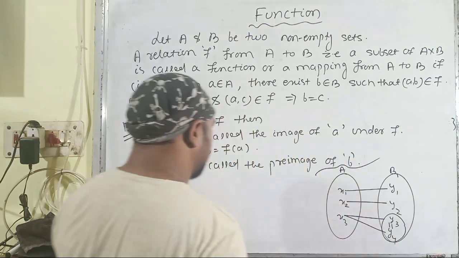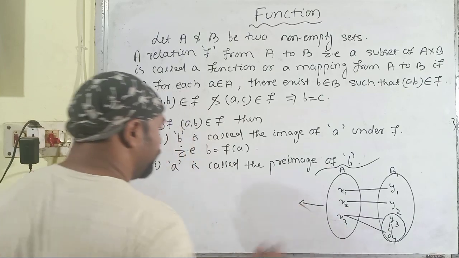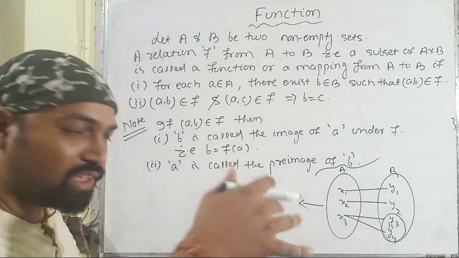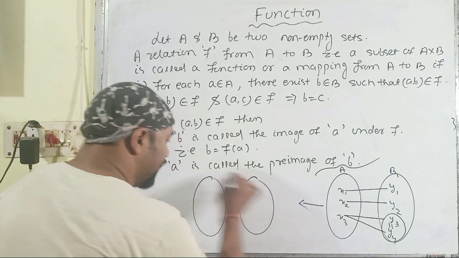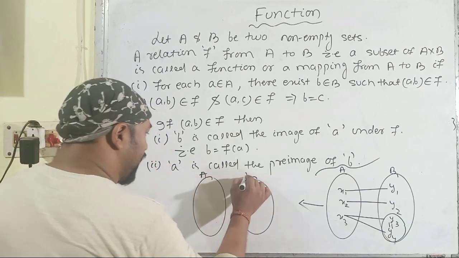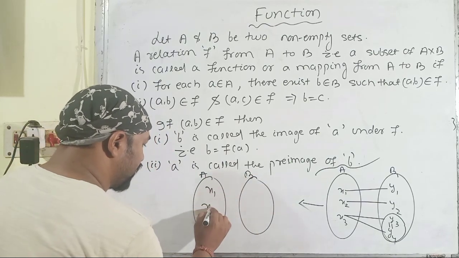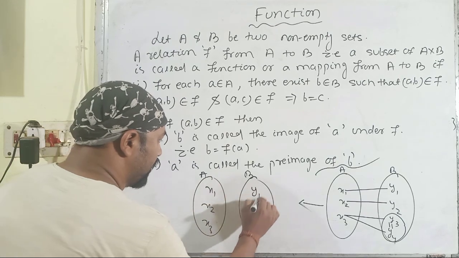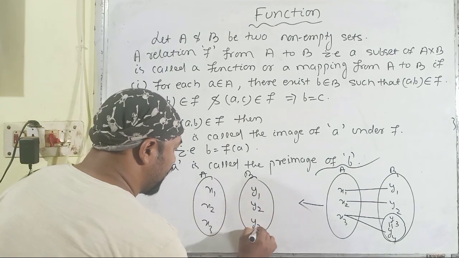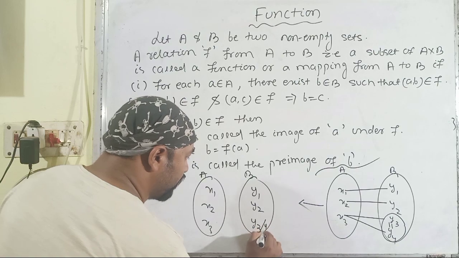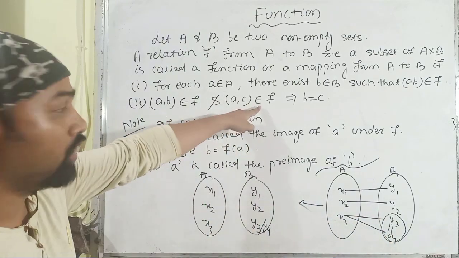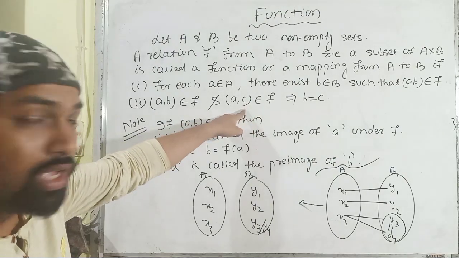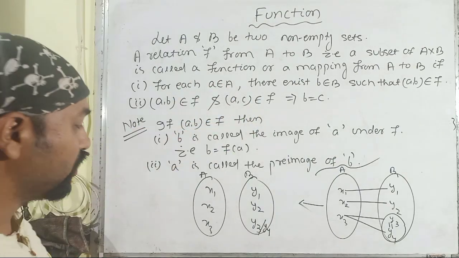In this case, by simplifying this diagram, we can remake another arrow diagram here, x1, x2, x3, and here y1, y2 and y3 or y4, because these two elements are equal according to the second condition of the definition of function.